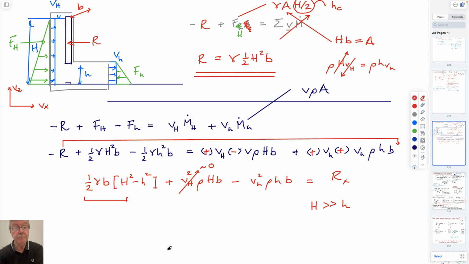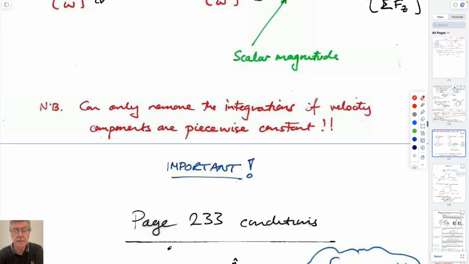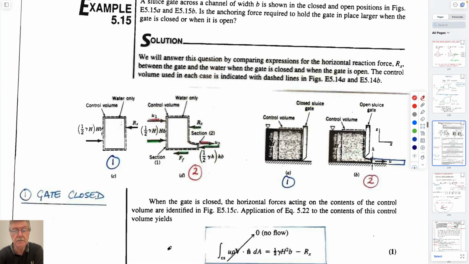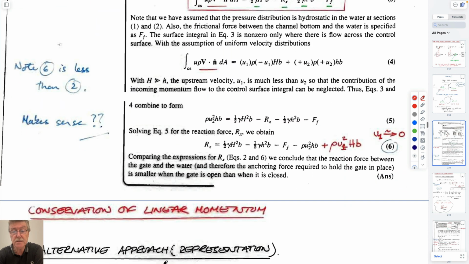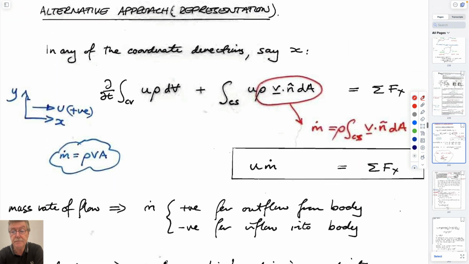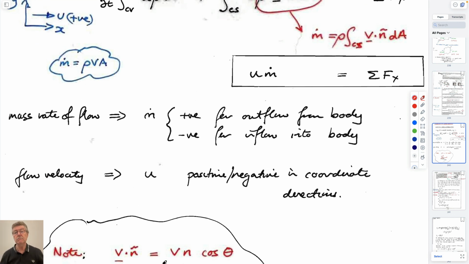So if you want to check this out, the exact same example is given here, and there are some things about the sign convention. We just have to be aware of the sign convention. So this is just the same solution. What we're going to do is realize that our basic equation is just this. We've written it slightly differently: the sum of the forces is equal to a velocity times a mass flow rate.